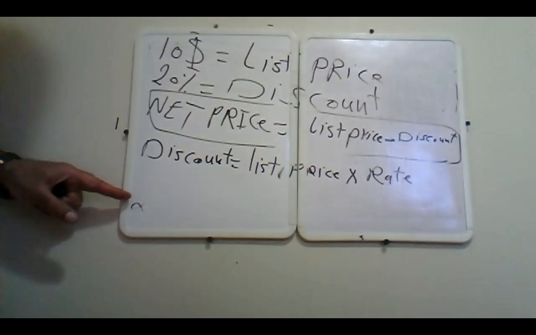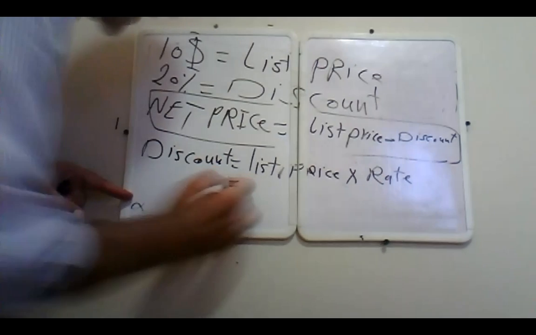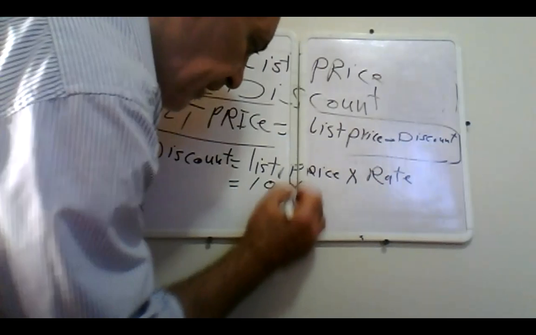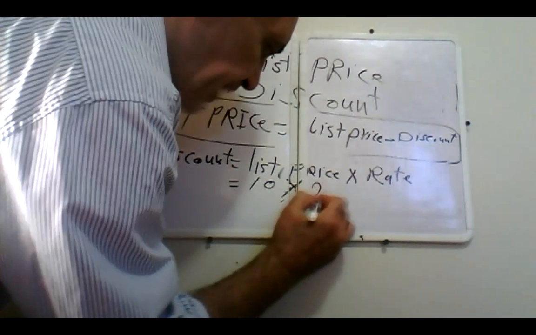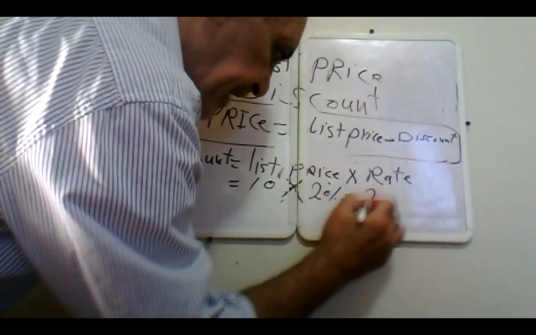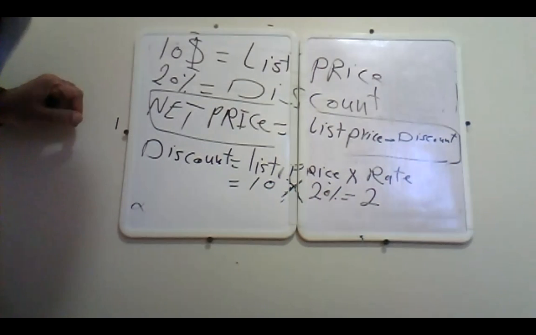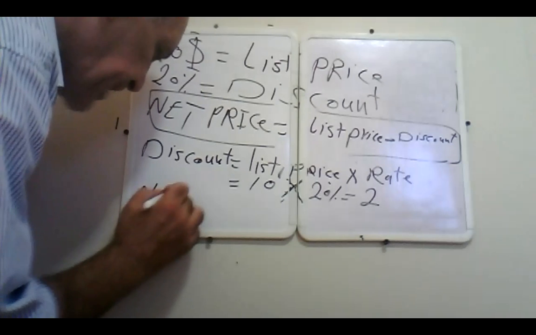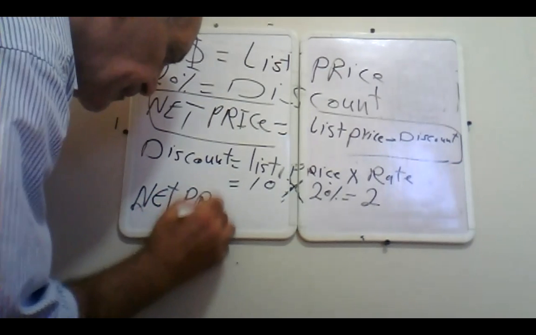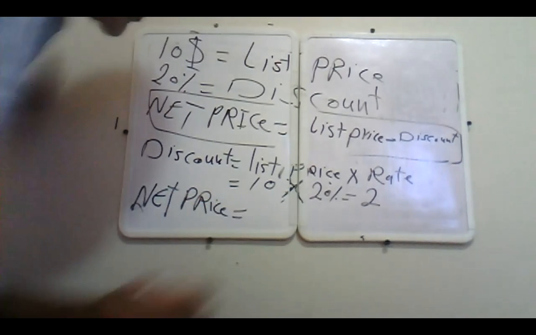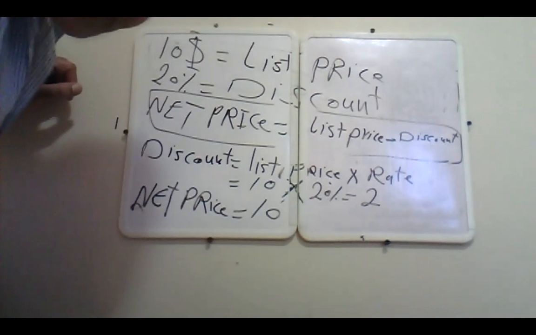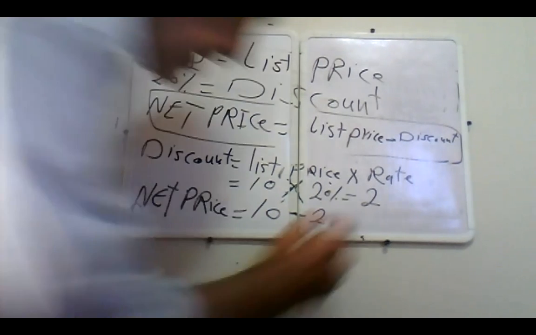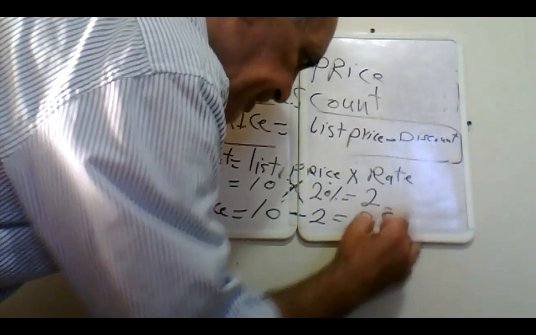So this means that the discount will equal $10 multiplied by 20%, then the discount will be $2. Then the net price will equal the $10 minus the $2 discount, then it will equal $8. And that's it.